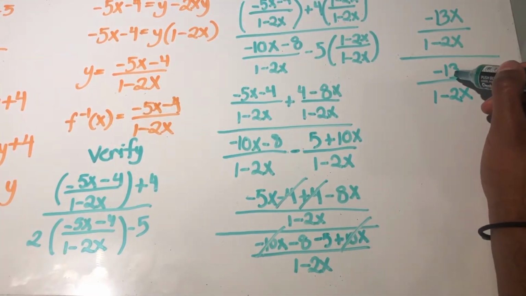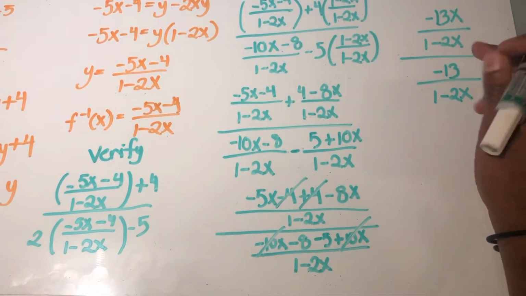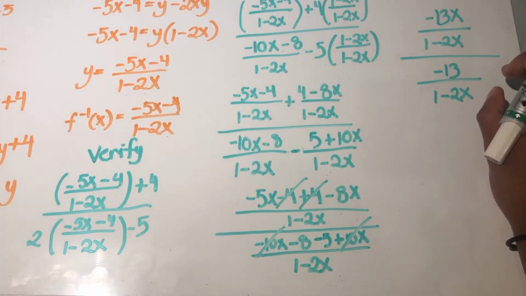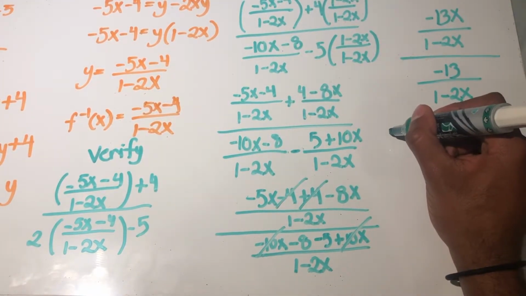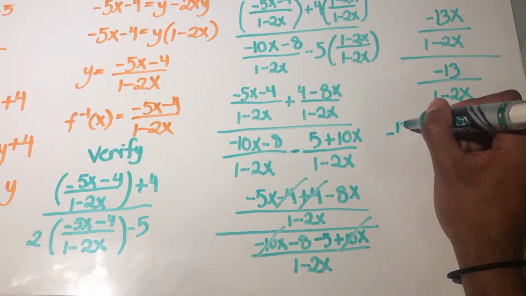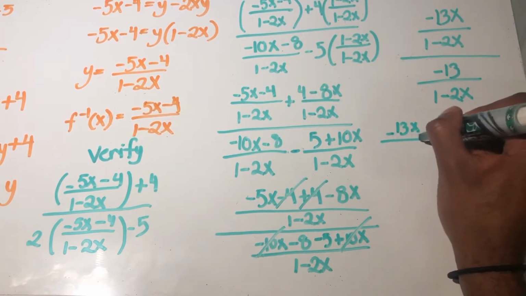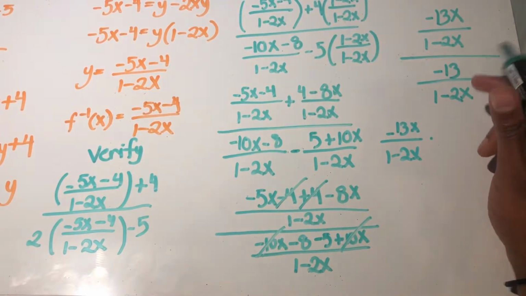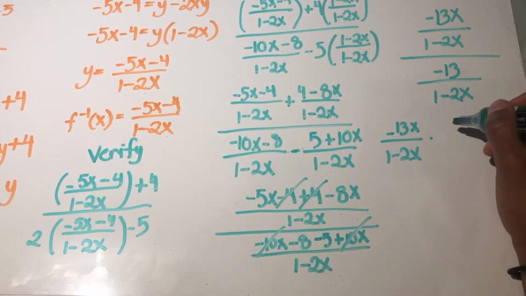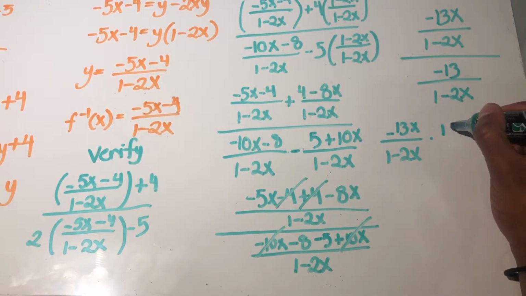Now, since we're dividing by this fraction, if we flip the fraction, it's going to become a product, actually. What that means is that if we take negative 13x over 1 minus 2x and multiply it, the fraction is going to flip. Therefore, it's going to become 1 minus 2x over negative 13.